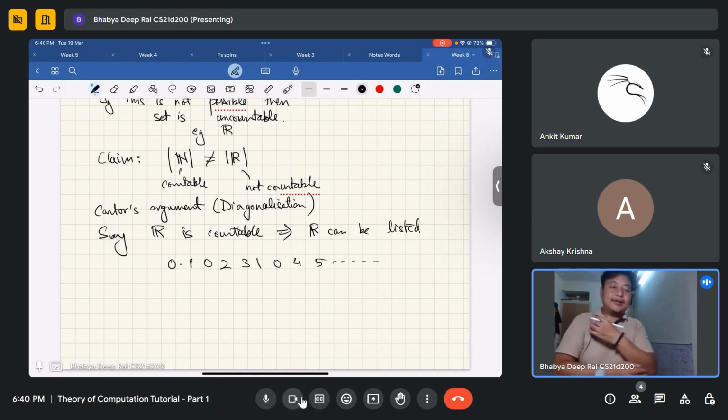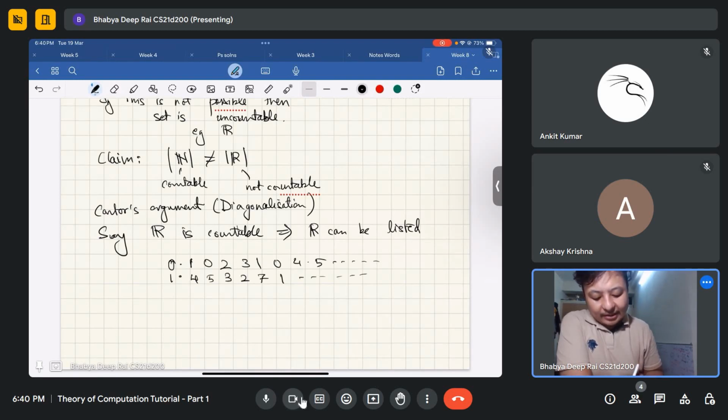Real numbers, the decimal point can go till infinity, right? And say the next number is 1.45327 and so on, and next is 1.3307012 and so on, and then he listed them.